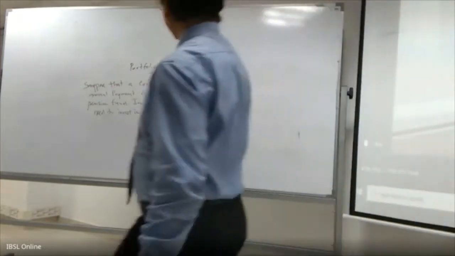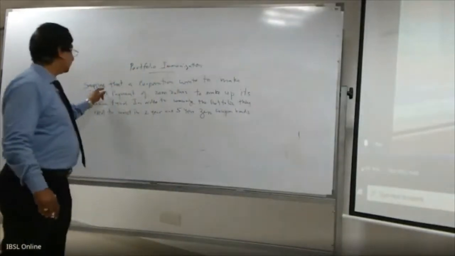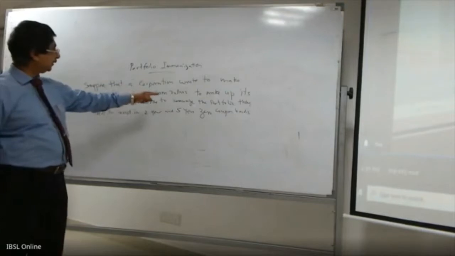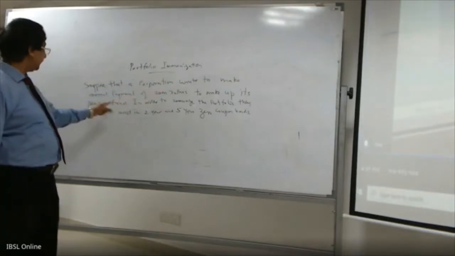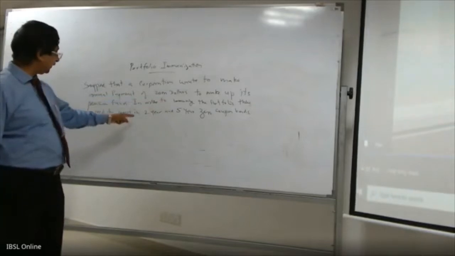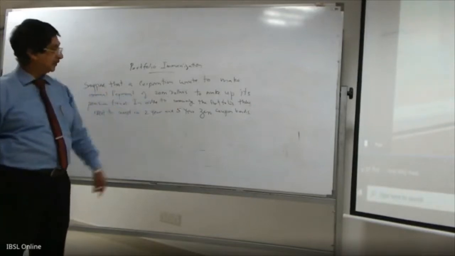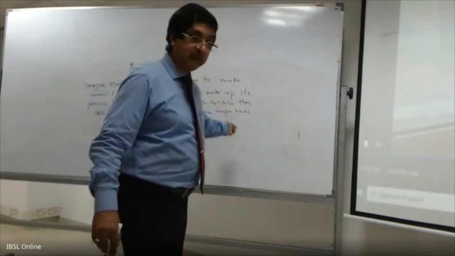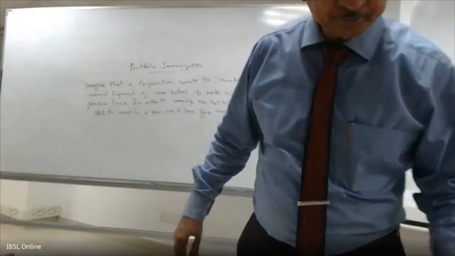Now these payments are made for 4 years. Suppose that a corporation wants to make annual payments of $20 million to make up its pension fund. In order to immunize the portfolio, they need to invest in 2-year and 5-year zero coupon bonds. What we need to understand is how we can make it an immunized portfolio.